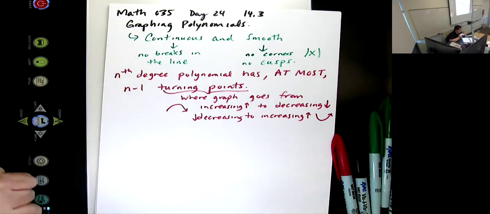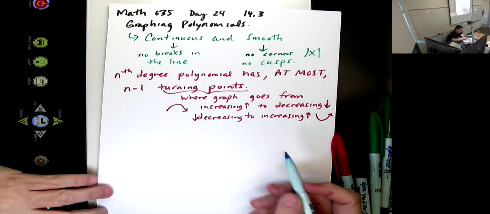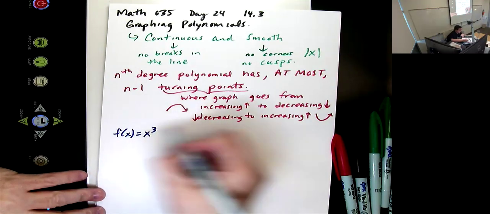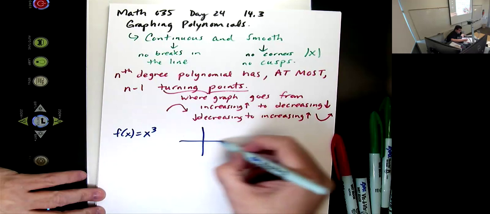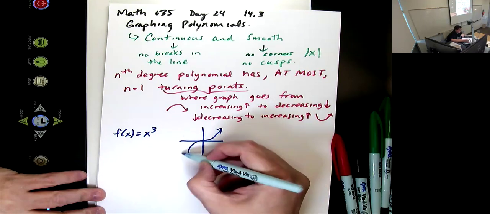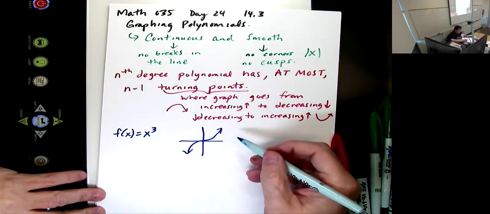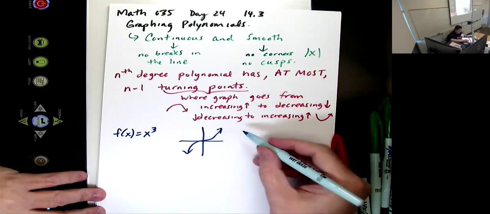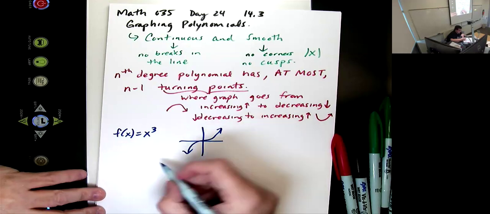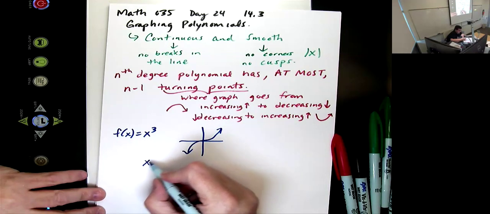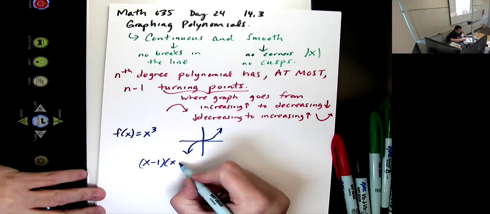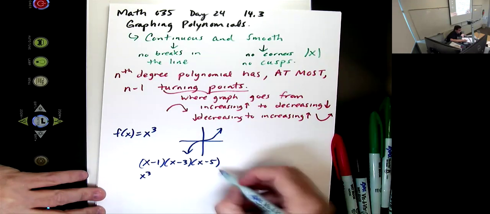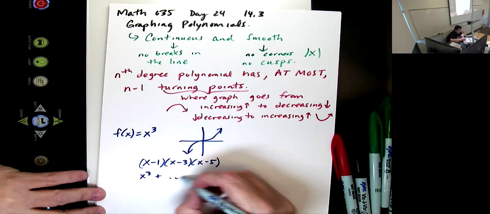So when I say at most, f of x equals x cubed does something like this. It's increasing the whole way. But if I have, say, x minus 1, x minus 3, x minus 5, this will be an x cubed plus some other stuff.